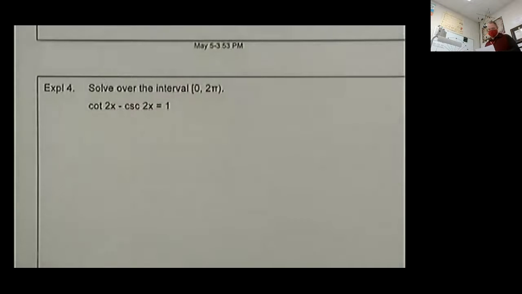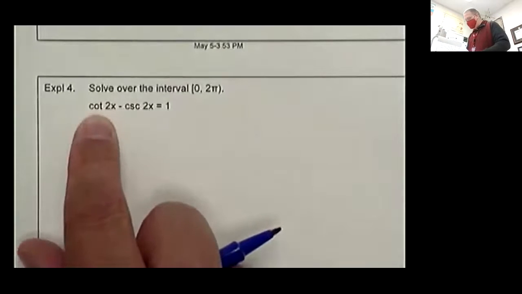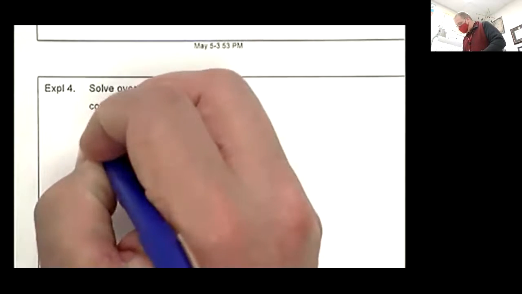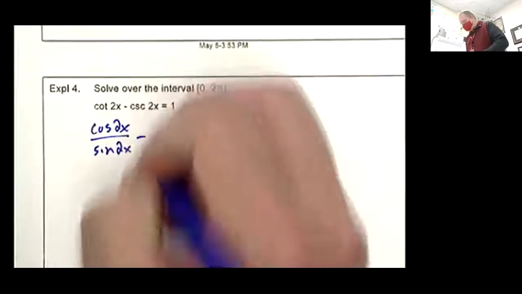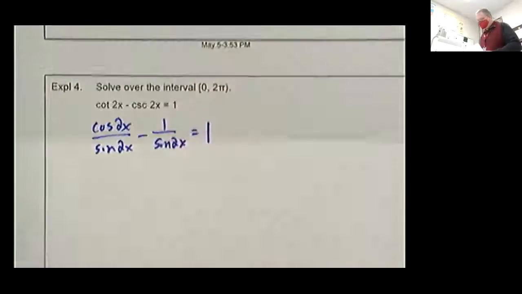So another option is to switch these so that they are cosine, sine, and tangent. To do that, we're going to recognize that cotangent is the identity cosine over sine. So this becomes cosine of 2x over sine of 2x minus cosecant of 2x is 1 over the sine of 2x. Remember, the arguments just stay the same.